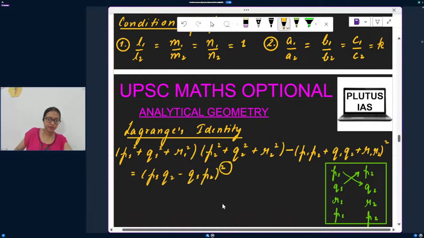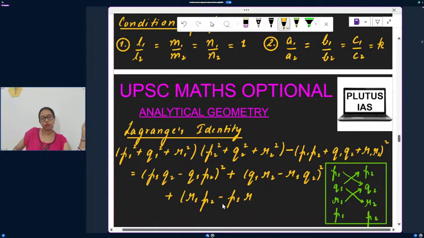That whole square saves you from the fact that you can multiply any of them first, any of them later. Plus (Q1 R2 minus R1 Q2) whole square, plus, and the last one will be (R1 P2 minus P1 R2) whole square. This is Lagrange's identity.